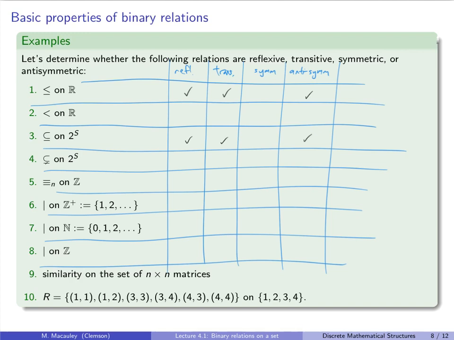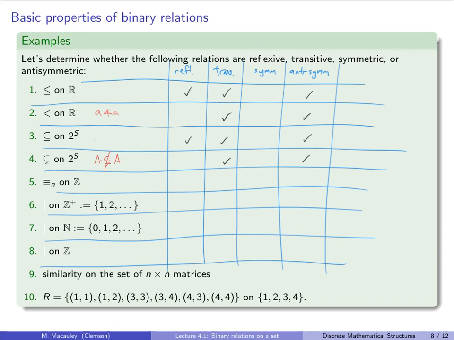And both of these have a related relation, strict less than and strict subset containment. And these things, it's not hard to see, are both transitive and antisymmetric, but they differ in that they are actually not reflexive, because A is not less than A. And similarly, a subset is not a proper subset of itself, because it is equal to itself.